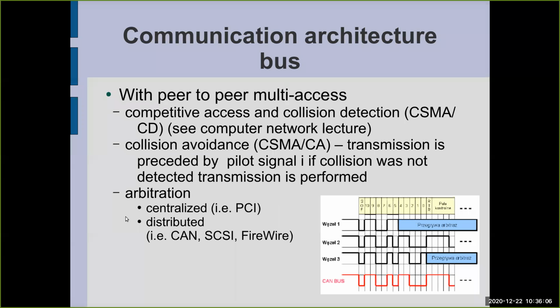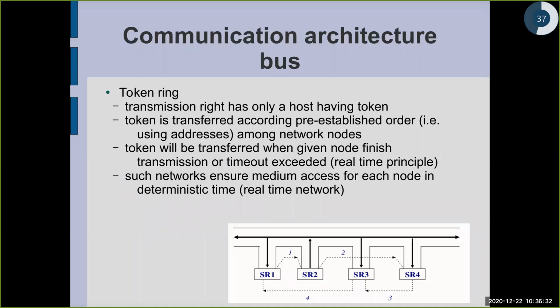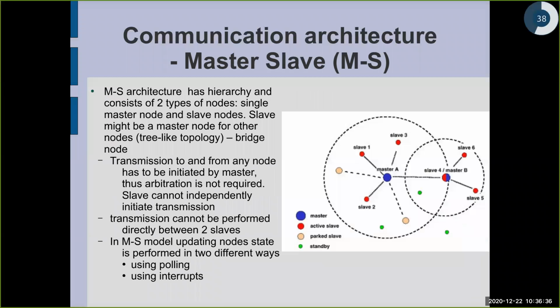We have a centralized interface, where a master governs the bus and lets a particular node send data, and we have a distributed one, like in CAN, where there is a method in the interface which determines who is allowed to send data. Okay, I think it's not so important.